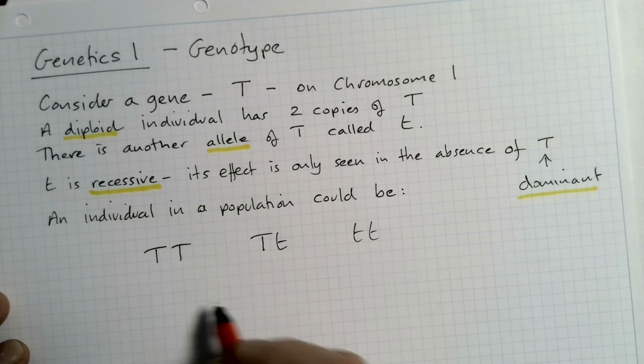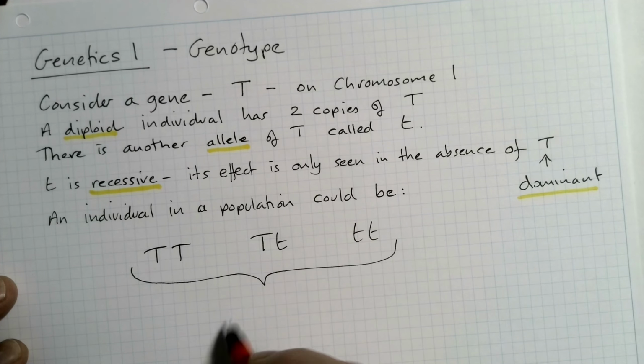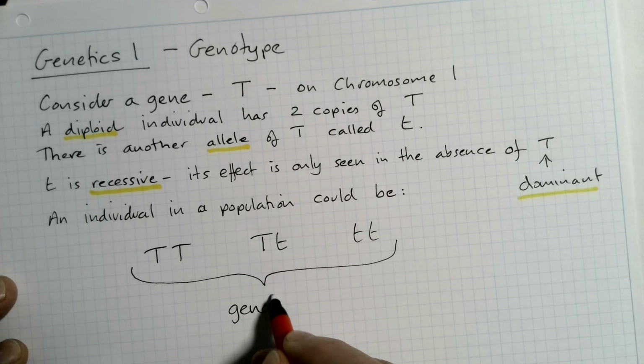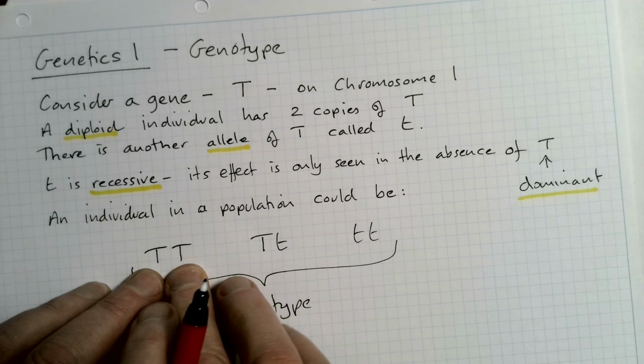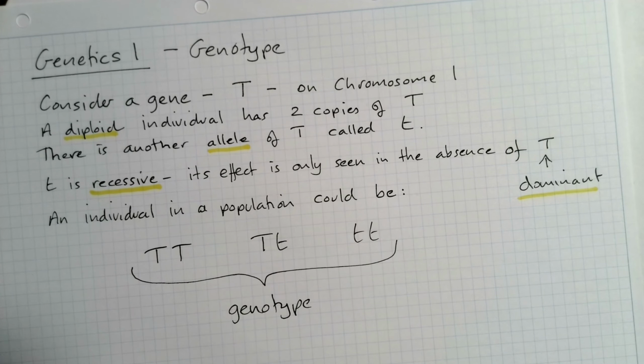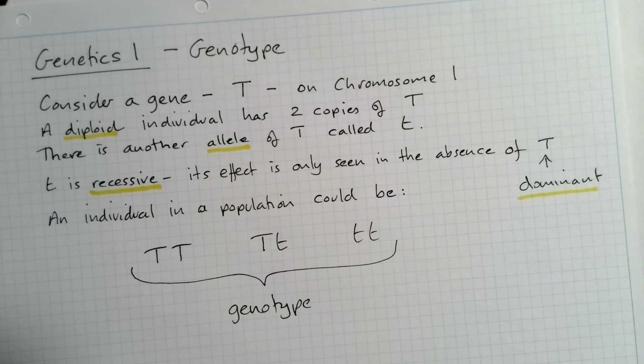Now these are what we call genotypes. They are the actual genes that we're talking about. We're only talking about 1 gene out of all the 30 or 40,000 genes, say, in a mouse.